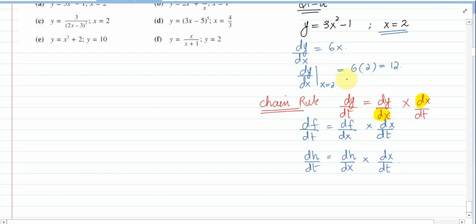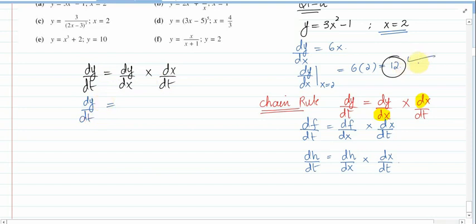So up till now we have found that dy upon dx is 12 units. If I apply the working formula, dy upon dt equals dy upon dx multiplied by dx upon dt. We need to find dy by dt. Dy upon dx we have found and its value is 12.